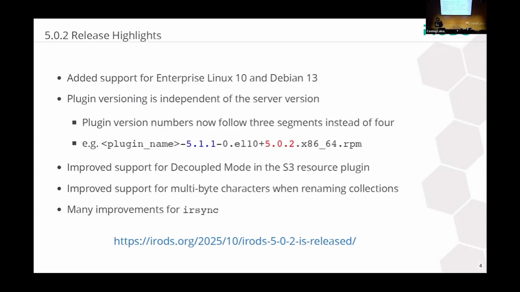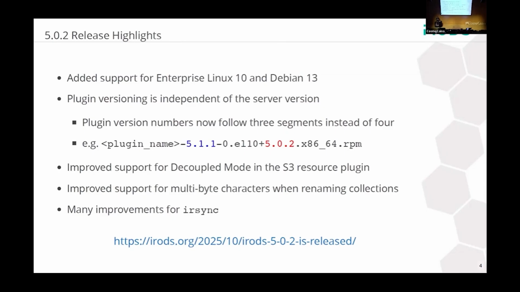We also made some modifications within the server to improve support for decoupled mode for the S3 resource plugin. There've been some enhancements around multi-byte character support for renaming collections. The base implementation for those fixes was delivered by Ton Smile, and then was carried over the finish line by the core dev team.